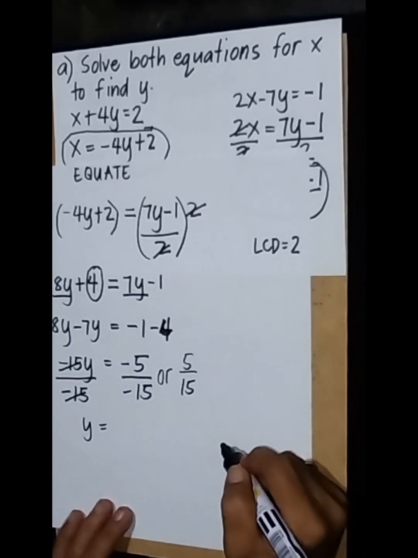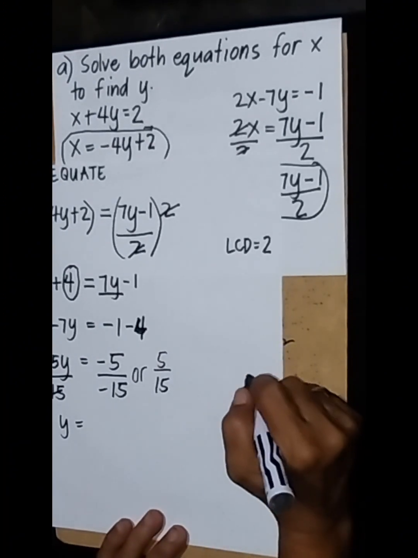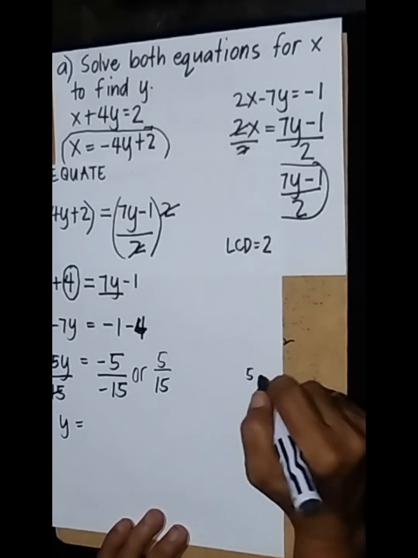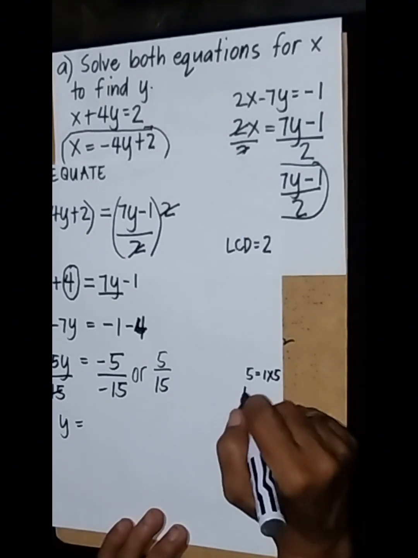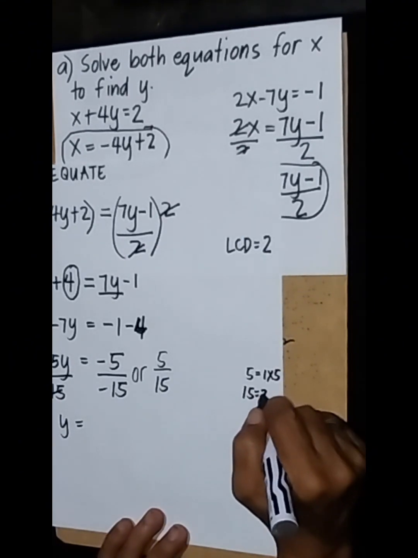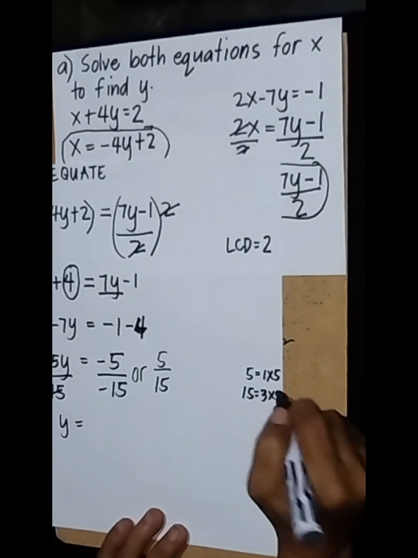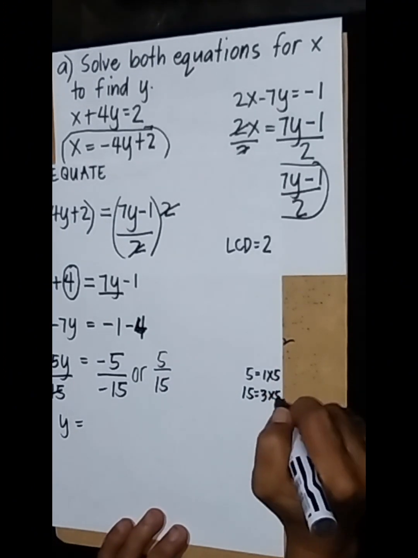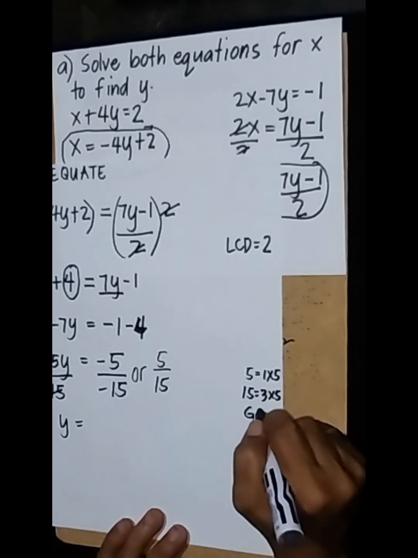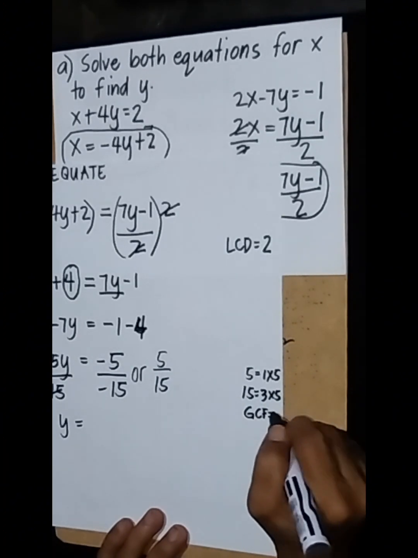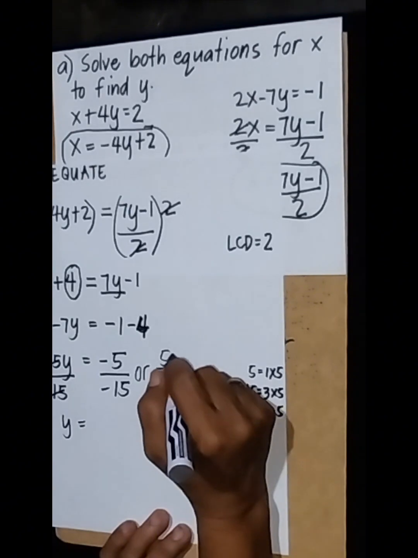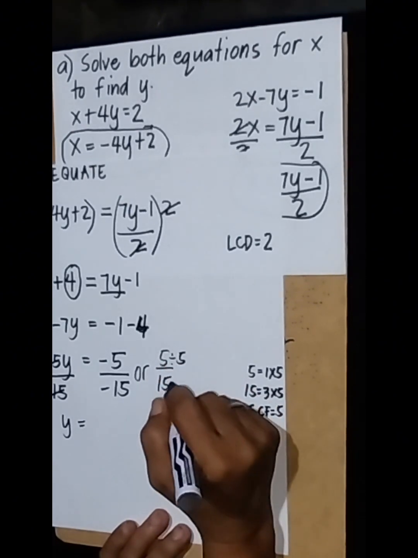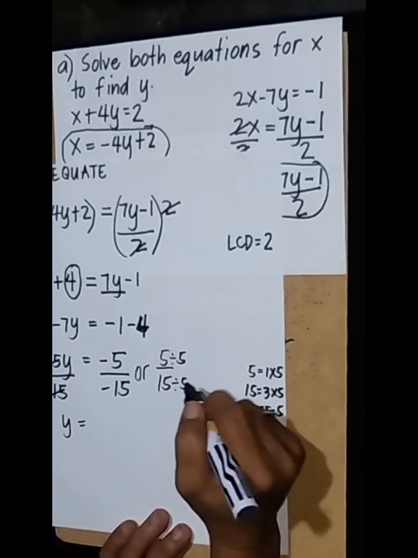So, kunin po natin ang GCF. So, we have 5 is equal to 1 times 5. 15 is equal to 3 times 5. So, our GCF is 5. The greatest common factor is equal to 5. So, we have to divide the numerator by the GCF 5 and the denominator by 5.